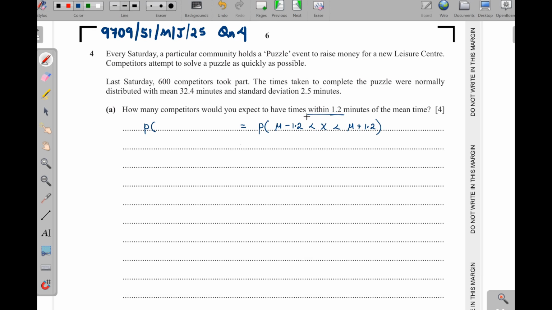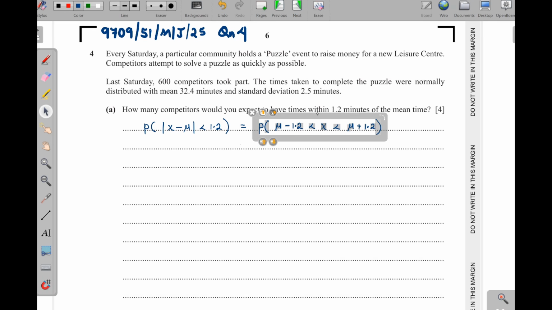They said within, so within the 1.2 of the mean. In your final year, you will do what we call modulus functions. This one is actually written as the modulus of x minus mu, then less than 1.2. That one is written like that.